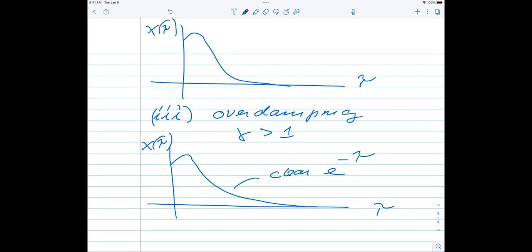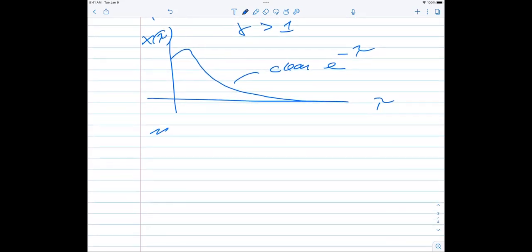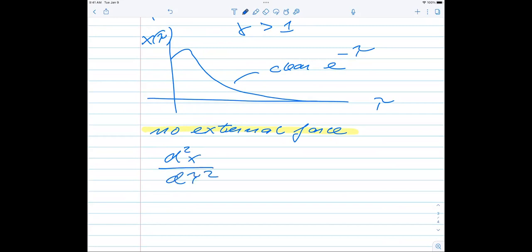Okay, so what we're going to look at now is the differential equation. We are going to look at the case with no external force. When we look at this dimensionless differential equation, we have the second derivative of x with respect to time, plus this parameter gamma times the first derivative of x with respect to tau, plus x equal to 0.